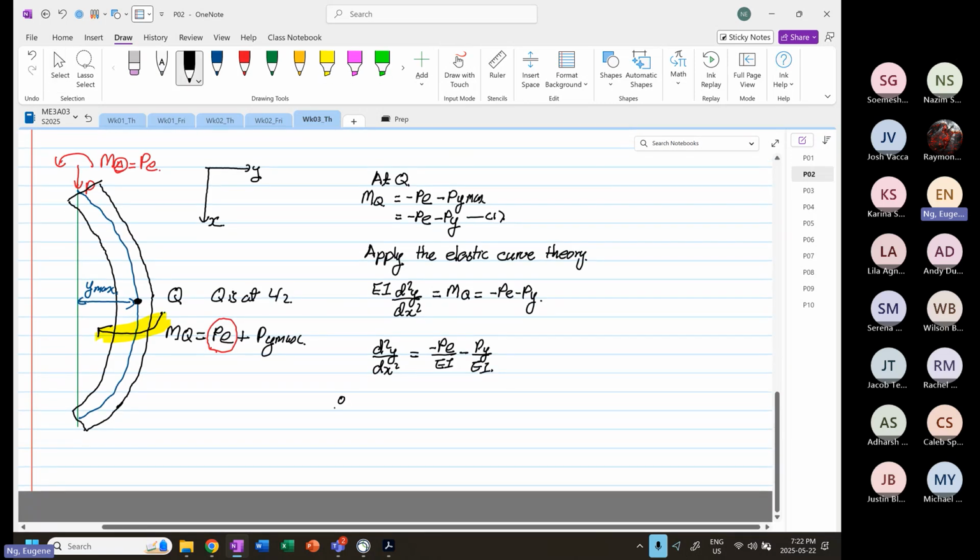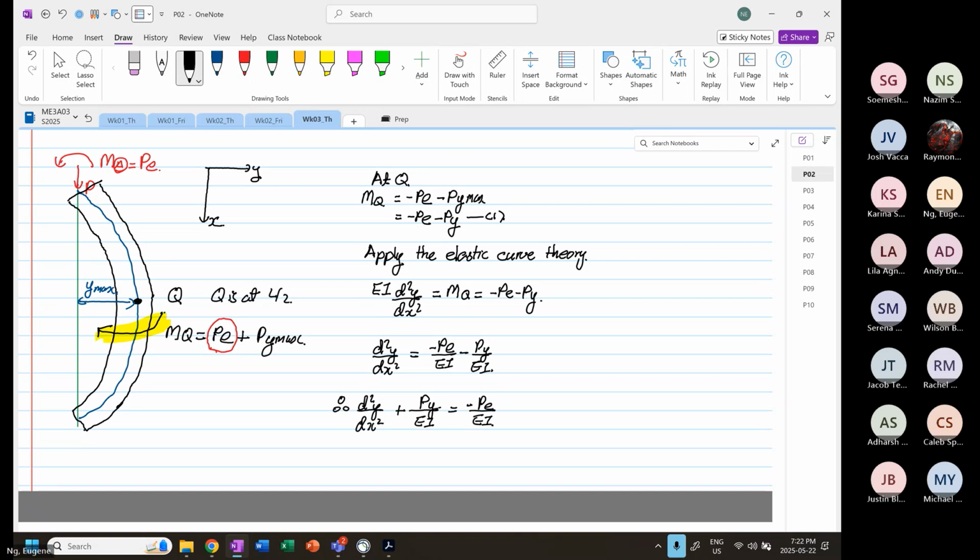Therefore, d squared y over dx squared plus PY over EI is equal to minus PE over EI.